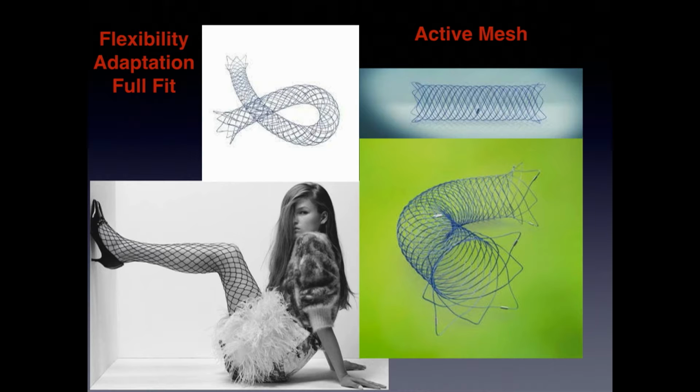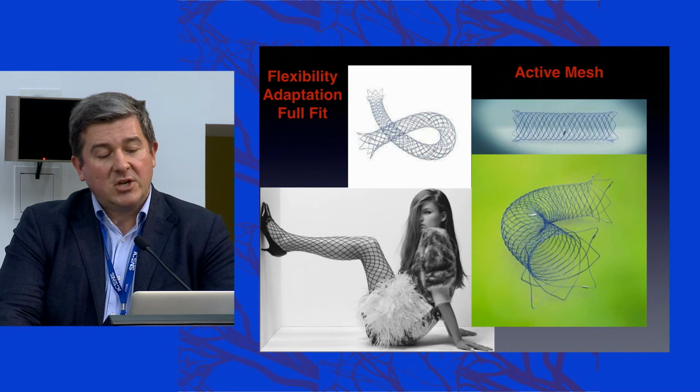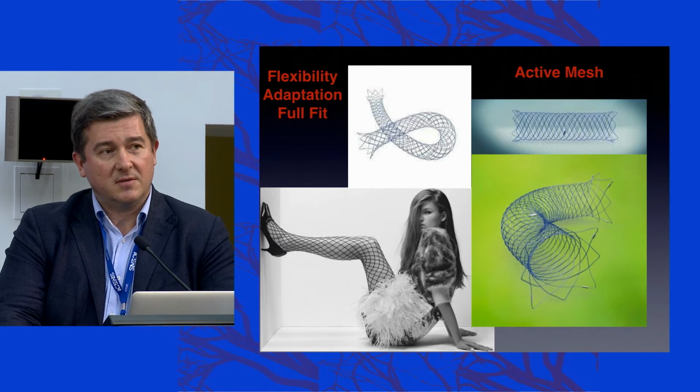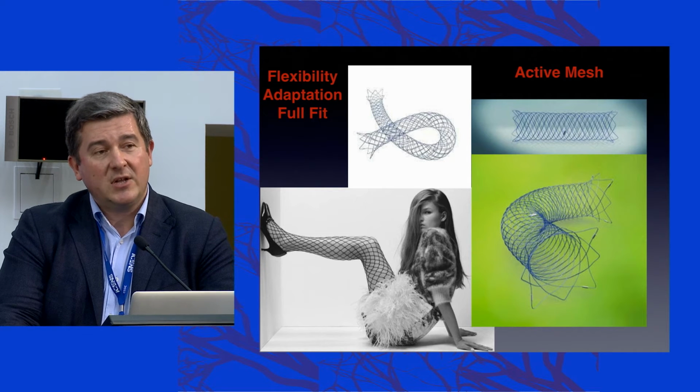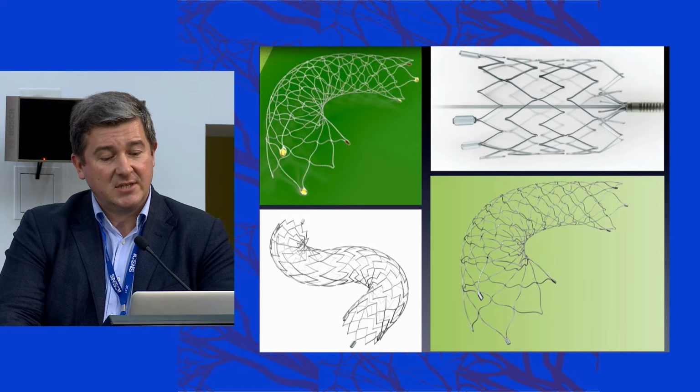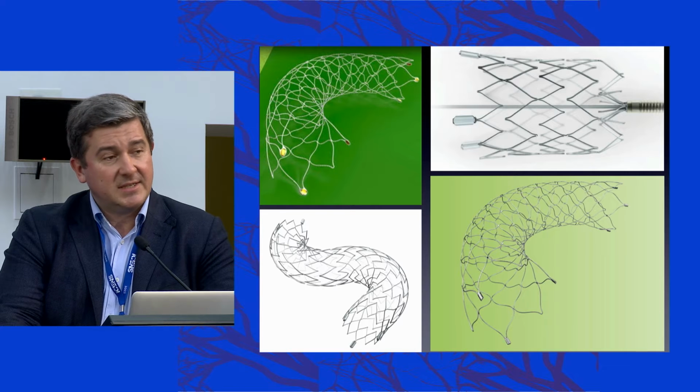You can look at any braiding. Typically it fully repeats the shape, and in any modern low-profile braided stents, we don't have that many of them in Russia, the difference is that they have very active cells, very active flexibility, and a high level of adaptation to the vessel where a stent is implanted.